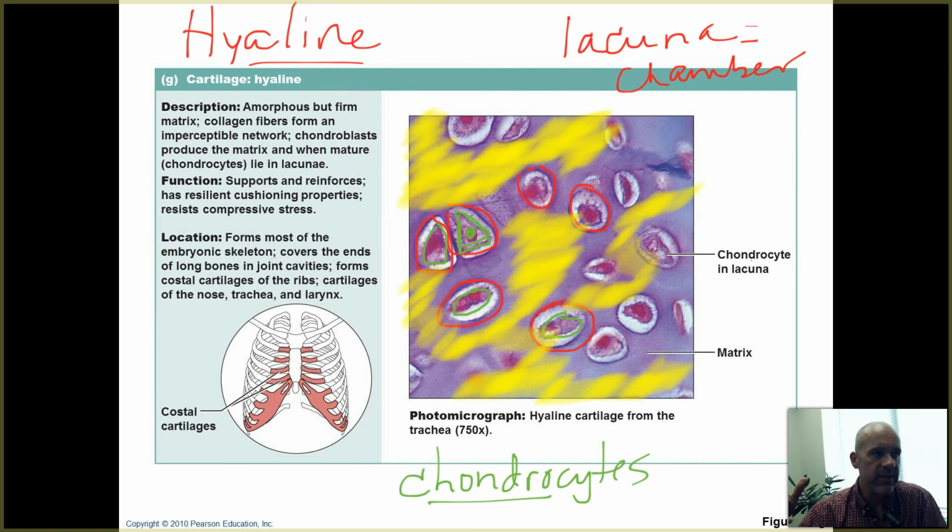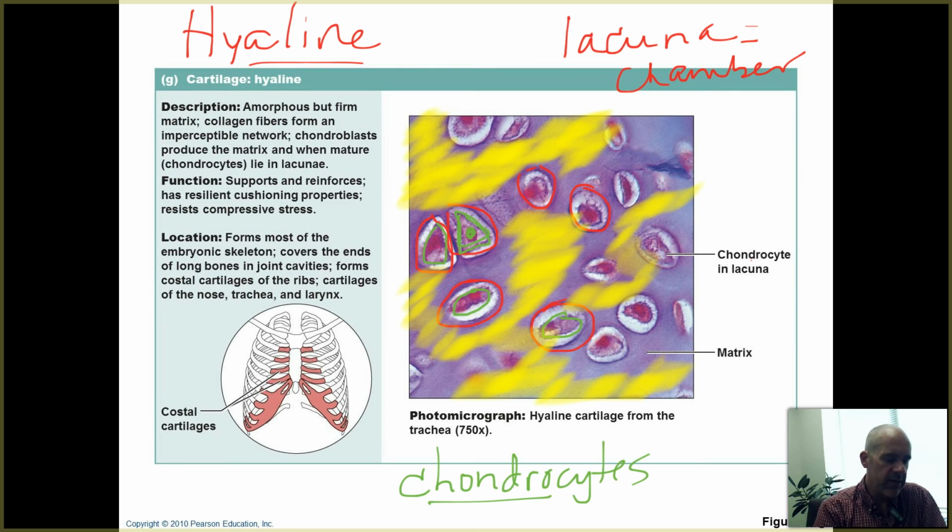Your ground substance there, of course, has water in it. It does have some protein fibers in it. And then you have lots of other glycoproteins, proteoglycans, things like that in there that give the cartilage its firm, but yet still kind of a little bit squishy consistency.